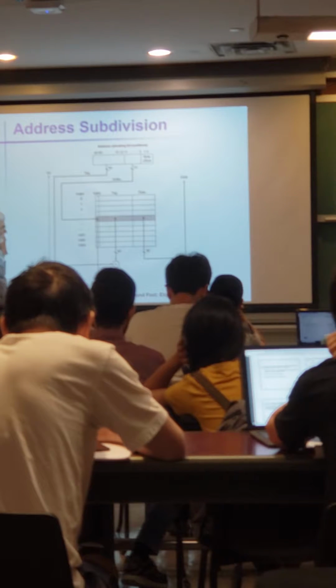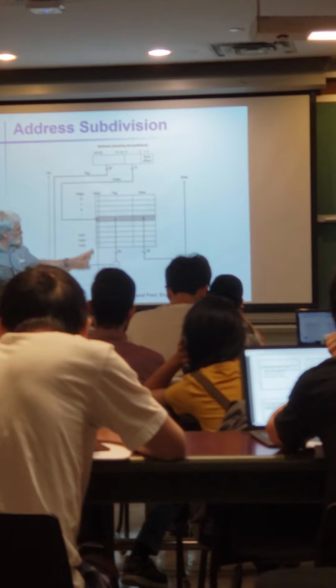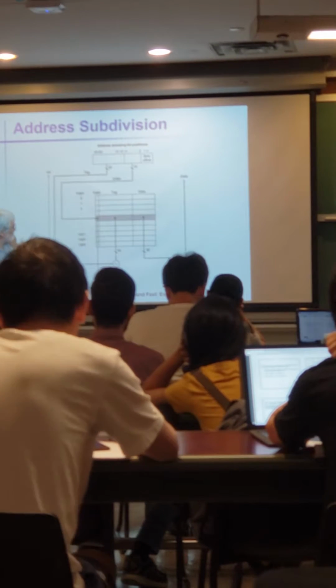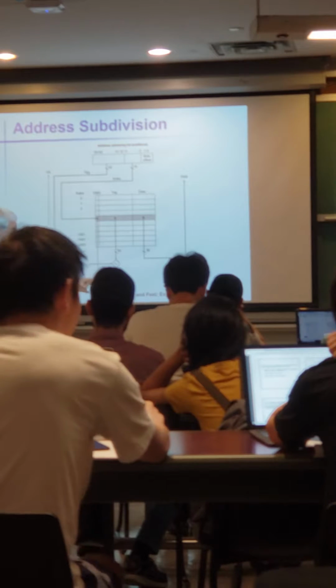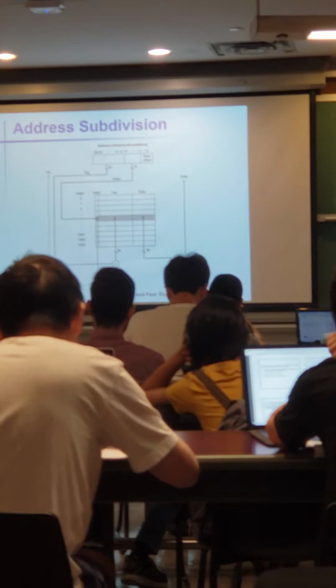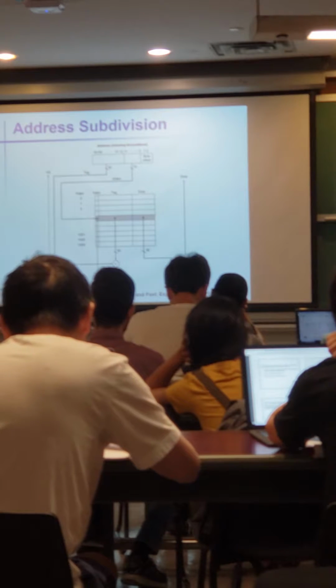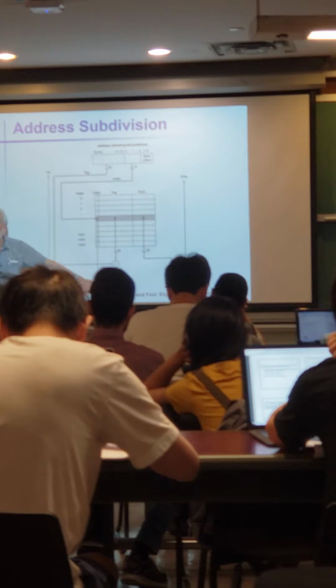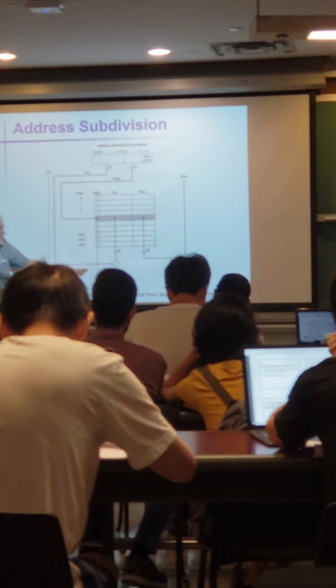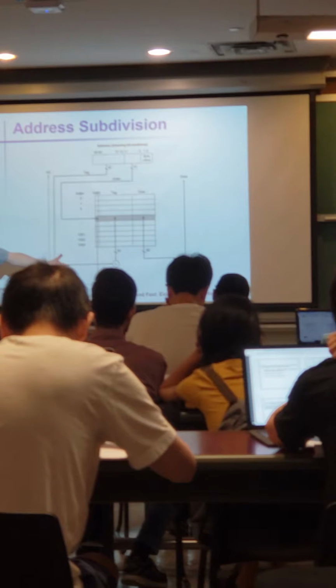And then you need one more signal to compare what? To block this or to allow it depending on the valid bit. If the valid bit is 0, this is blocked, so there is no hit. If it's 1, it depends on the comparison.